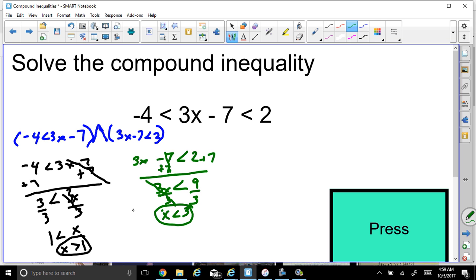So I solved my inequality, which is x is greater than 1, and the other half, x is less than 3.